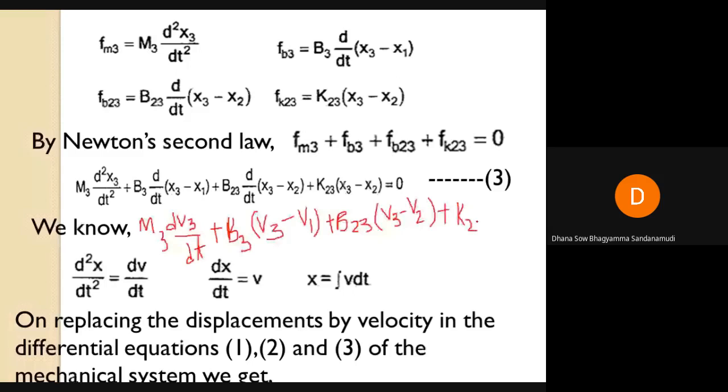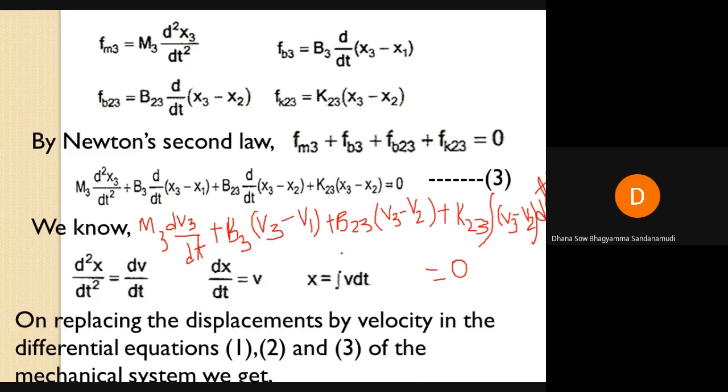K23 into x means integral of V dt, so K23 times the integral of V3 minus V2 dt. Okay, I hope it is visible. Equal to 0. This is what it is.